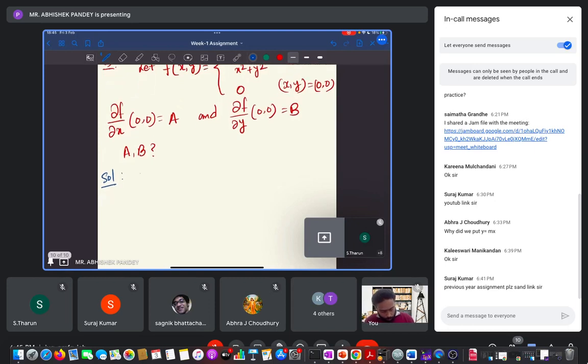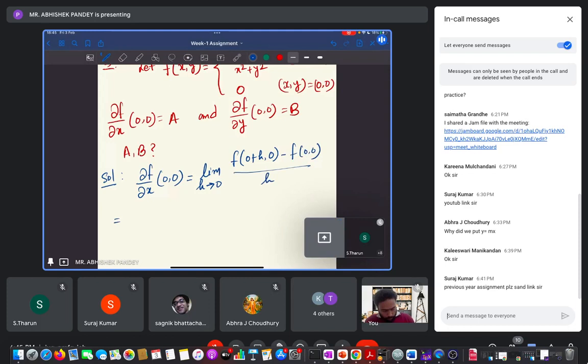So del f by del x, the partial derivative of f with respect to x at the point 0 comma 0, is nothing but limit h tends to 0 of f of 0 plus h comma 0 minus f of 0 comma 0 upon h.